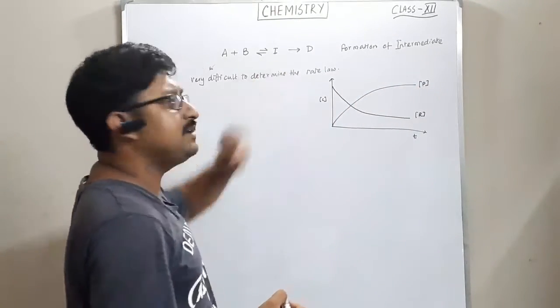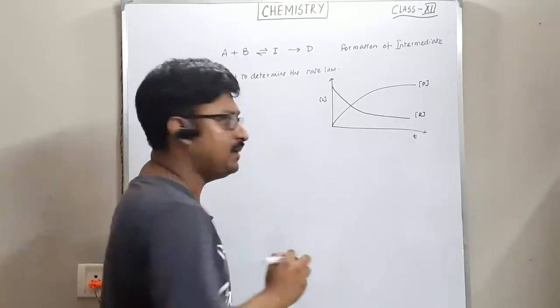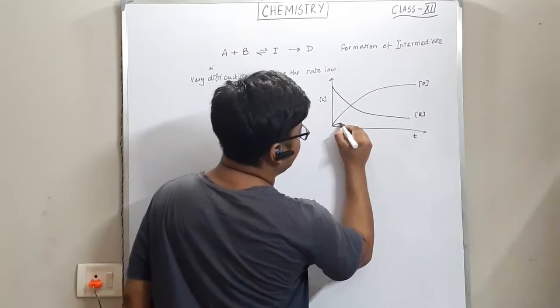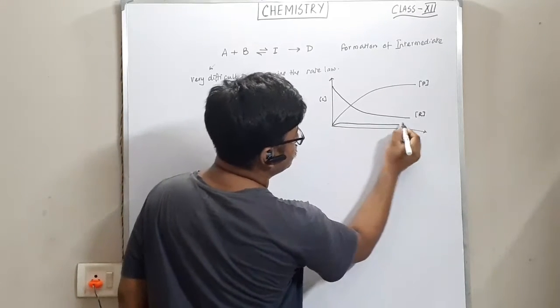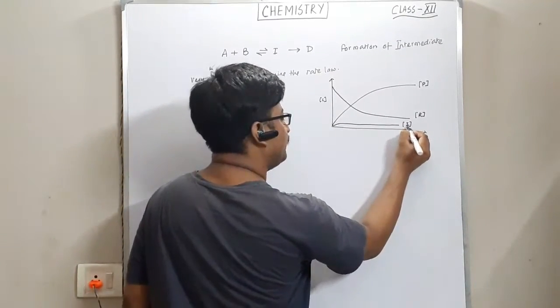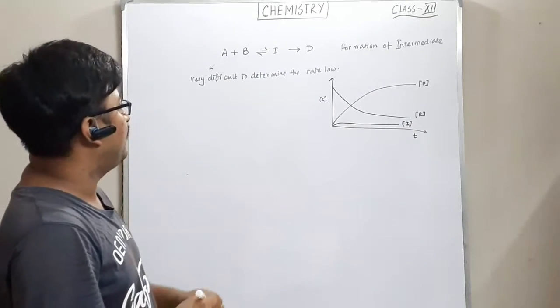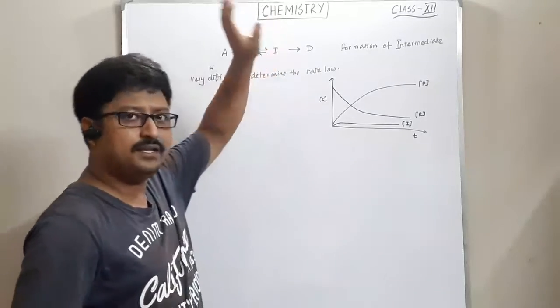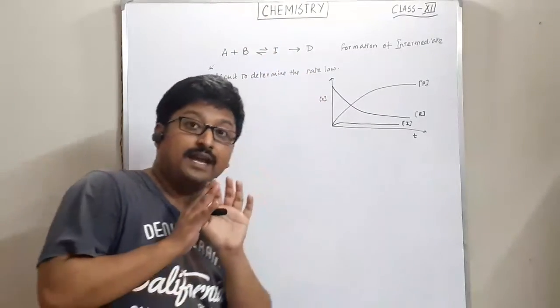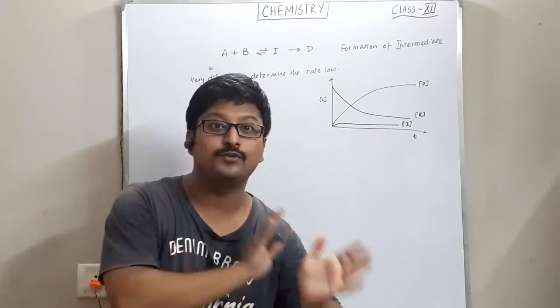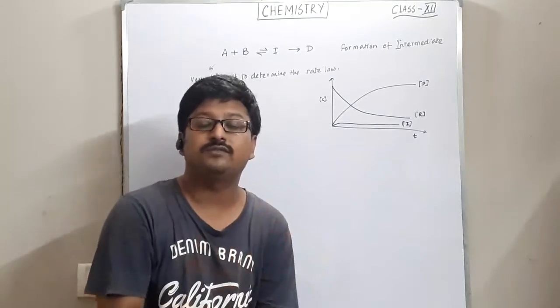But what about the intermediate? Initially its concentration will increase, but after some time its concentration will be constant. When the concentration of the intermediate is constant, then we can easily monitor the formation of the product and the depletion of the reactant.